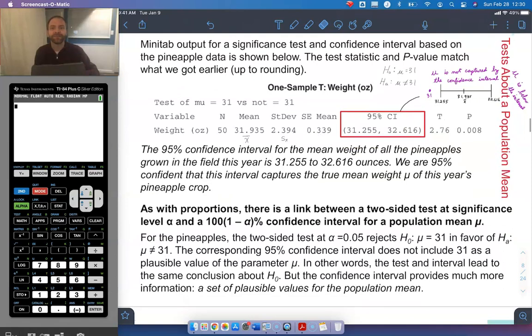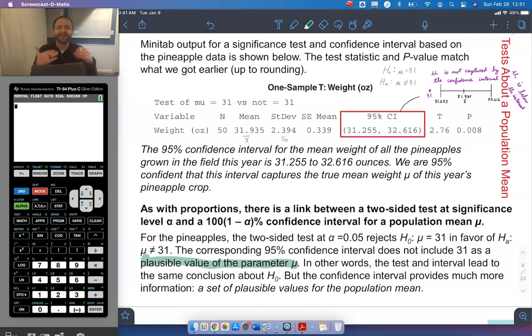And so here's what's really cool about it. I have the ability to get more information on it. So for the pineapples, the two-sided test at alpha equals 0.05 rejected the null and concluded the alternative. But the corresponding 95% confidence interval does not include 31. It was not captured in the plausible values of the parameter mu.